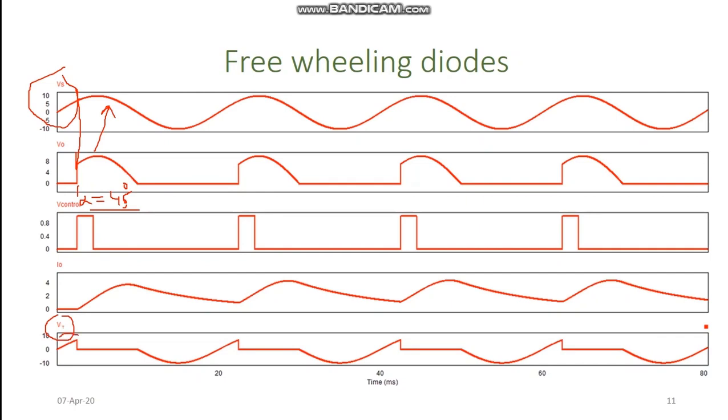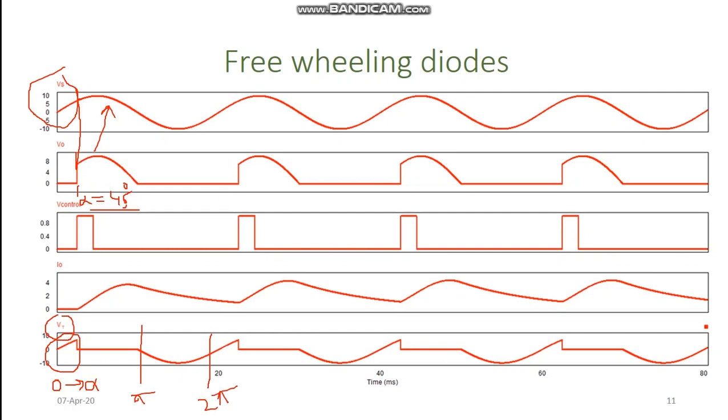This part is due to the fact that we have not triggered our thyristor from 0 to alpha angle, and the voltage waveform across this thyristor in the negative half cycle is from pi to 2 pi.